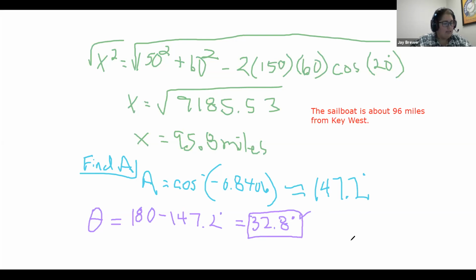As far as how we answered the last part, which says how much time has been added to the trip because of the strong winds and such, you have to take the total length of the trip, which is now 60 plus 95 miles.